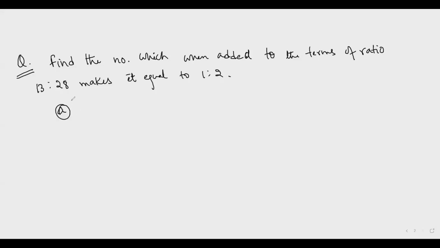So your options are 4, 3, 2, 1, none. Solve this question. What number should be added so that the ratio becomes 1:2? Okay, I'll give you 1 minute.